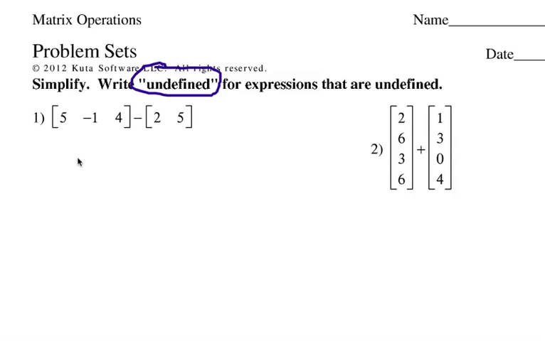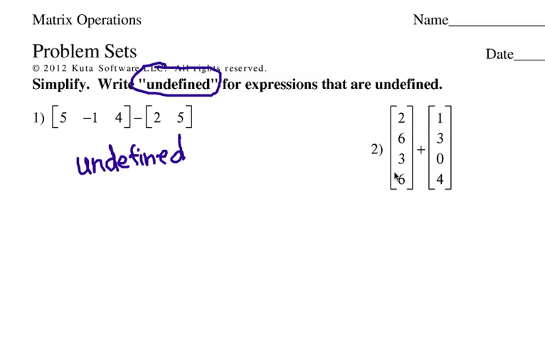In this case, this is going to be undefined because we have a 1 by 3. Remember, the rows come first. 1 row, 3 columns, subtracted by a 1 row, 2 columns. So because they are different dimensions, you can't subtract them. All right, well that makes our job pretty easy. Number 1 is undefined, can't do it.